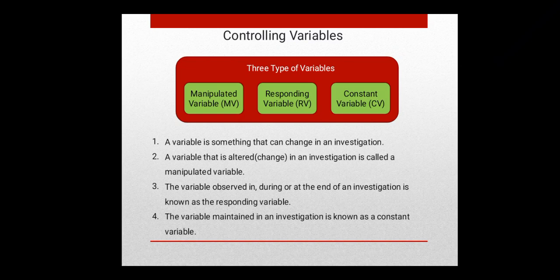Okay. Number 2, the variable that is altered, that changes, kan kita ubah, so it is MV, manipulated variable. The variable that we observe is the RV, and the variable that is maintained is the CV.